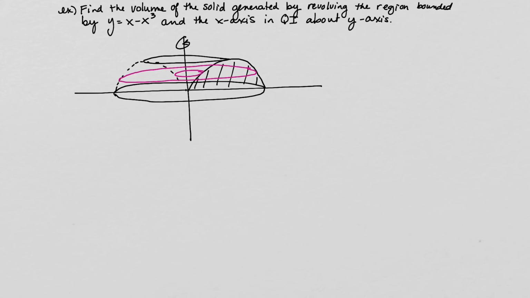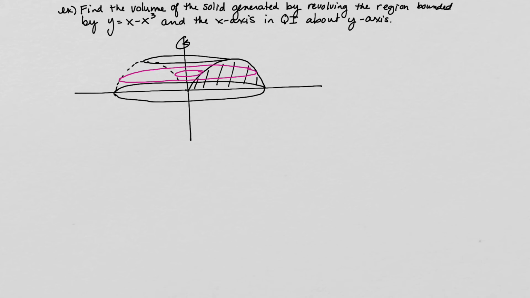The problem is that the outer radius is on the function, but the inner radius is on the exact same function as well. You can't use washers if the outer radius and the inner radius are on the same function, because outer radius squared minus inner radius squared will just give you 0. So that's why in this problem we're going to have to use shells.